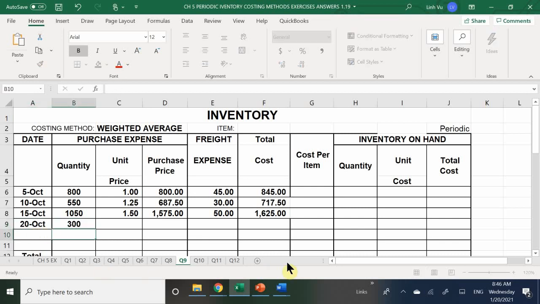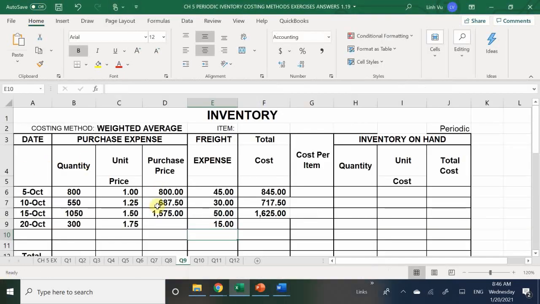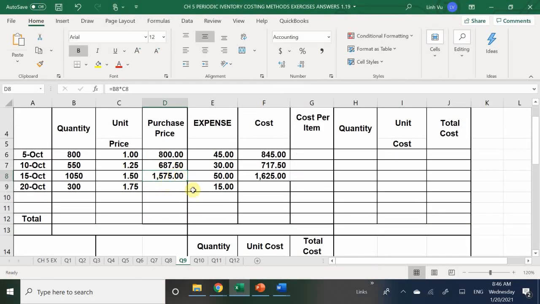What's my total purchase price here? $525. And what's my total cost plus 15? $540. Okay, good.